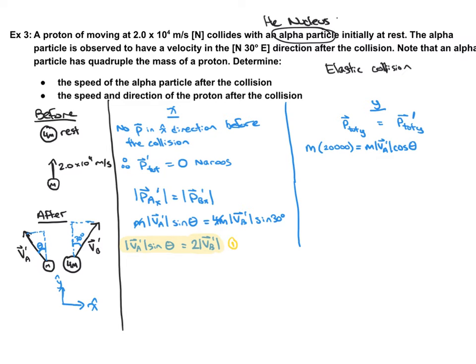The y component's the adjacent side in the diagram I drew. That was for the proton, and now for the alpha particle, the mass of this is 4m, velocity B prime, and cosine of 30 degrees.